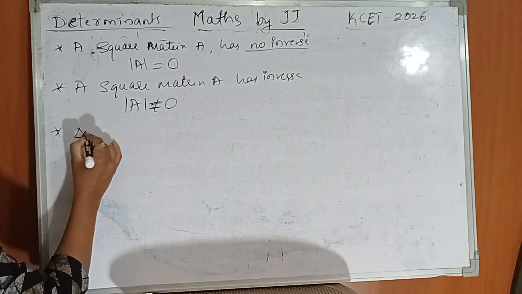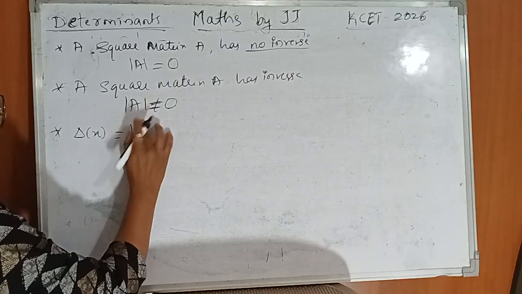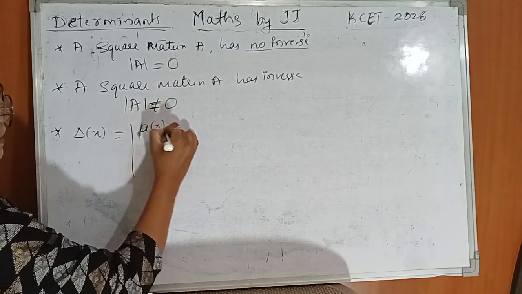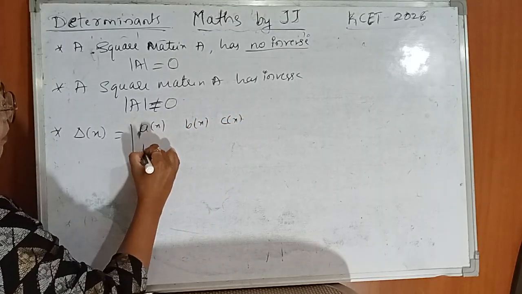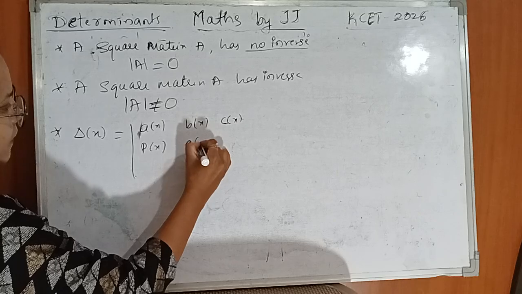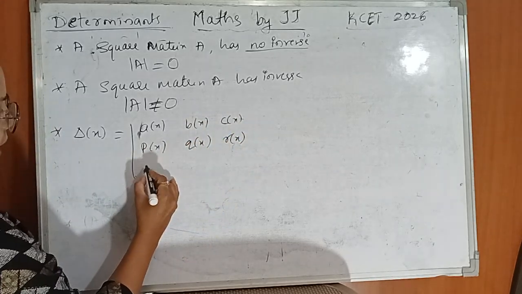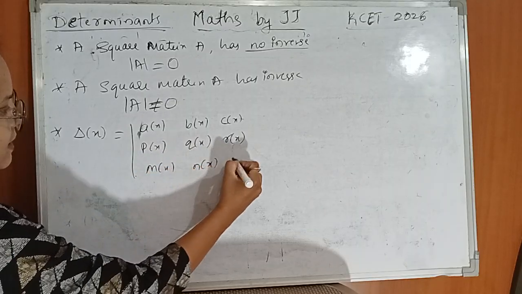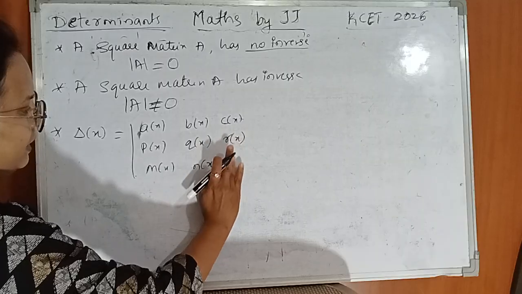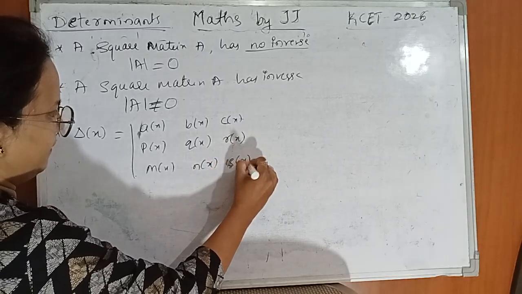Next, suppose, student, there is a determinant that is nothing but a of x, b of x, c of x, then p of x, q of x, r of x, then next one is m of x, n of x, and then say something s of x I will take.